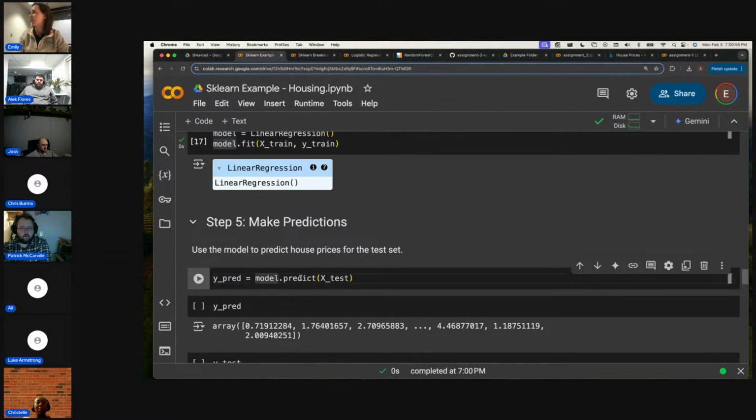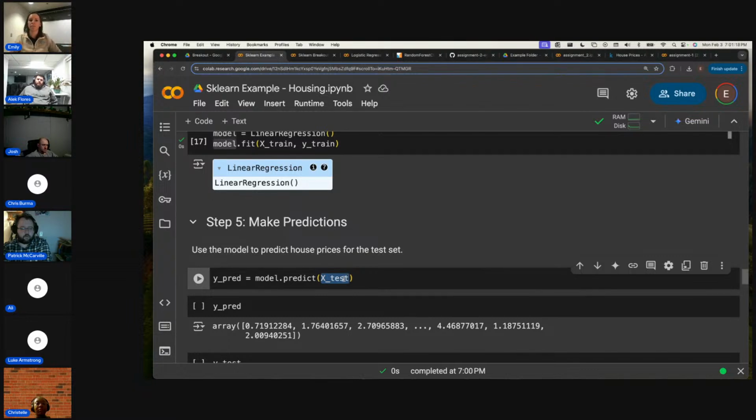So we can call model.predict, and we can pass it an X data set. Notice that we are not passing it a Y data set. We are asking it to make Y predictions based on X data. So we're asking it, hey, here's a bunch of houses. Here are some elements and some features about them.